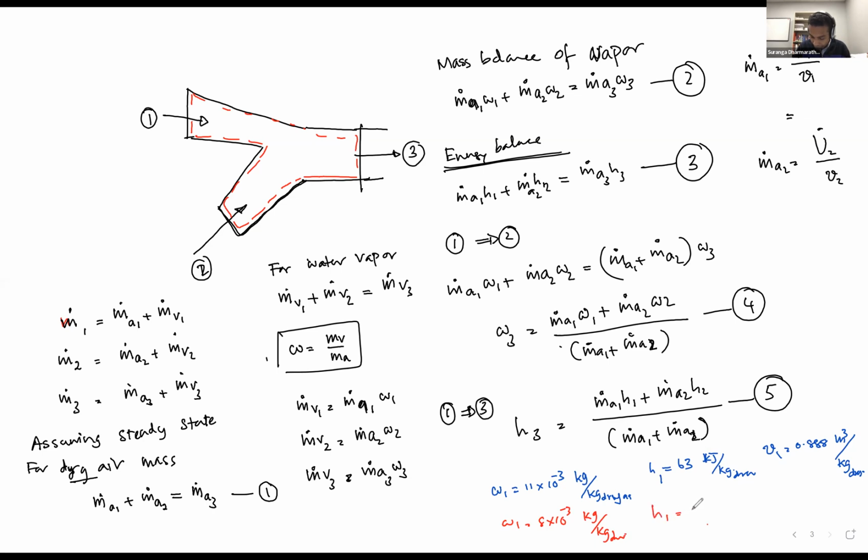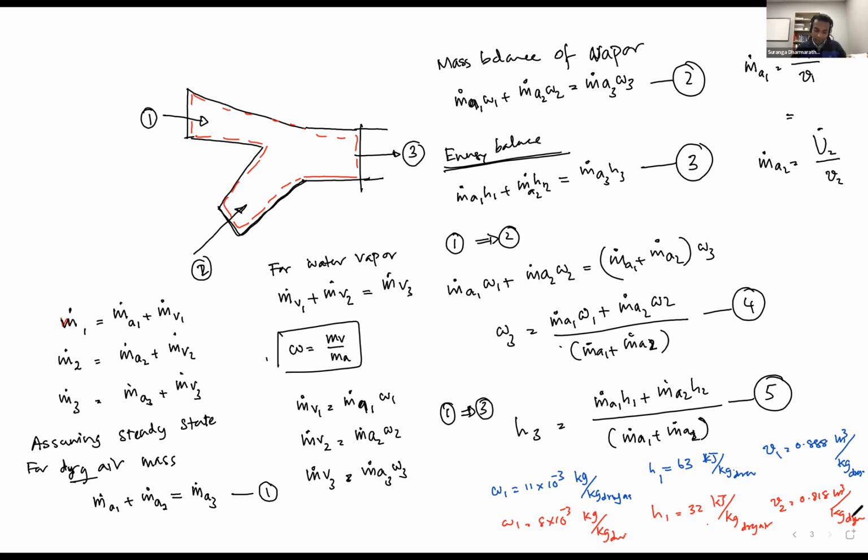H2 is 32 kilojoules per kilogram of dry air, and V2 is 0.818 cubic meters per kilogram of dry air. So these are the values that we found from that.